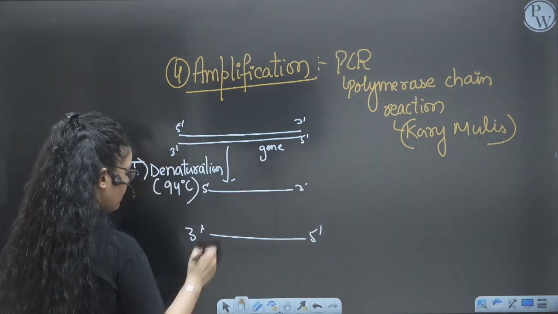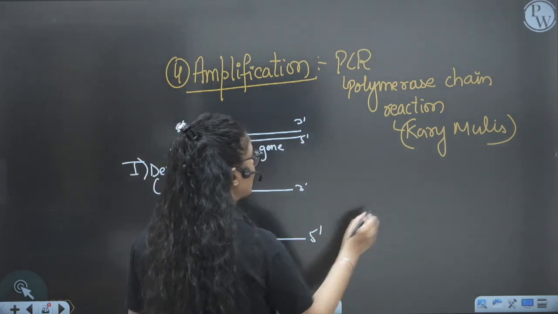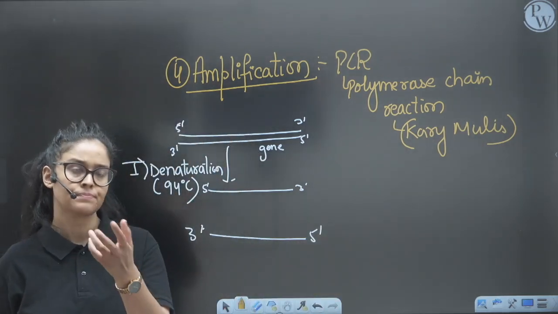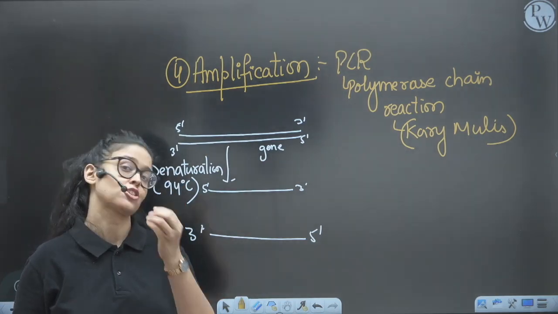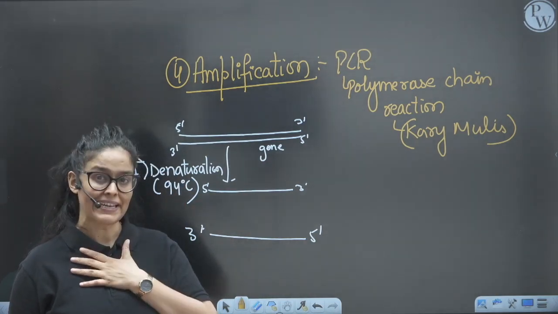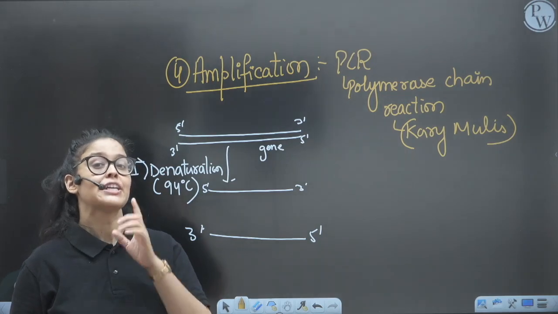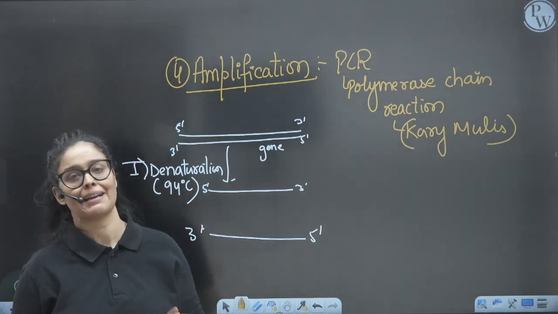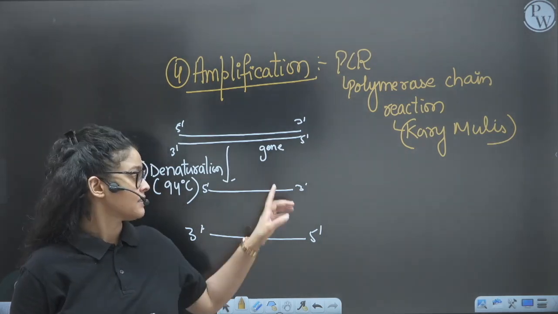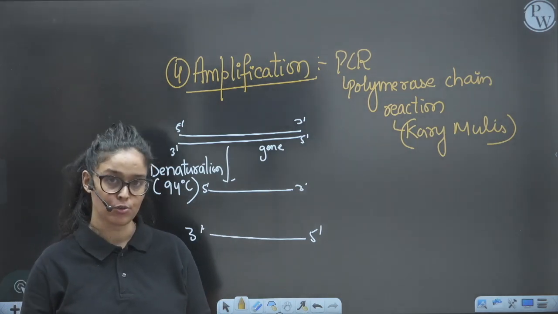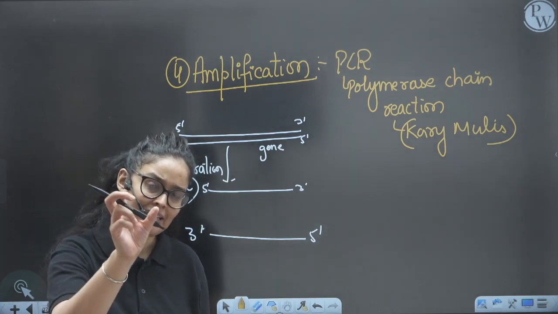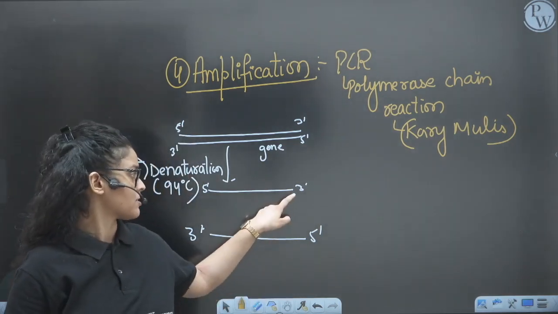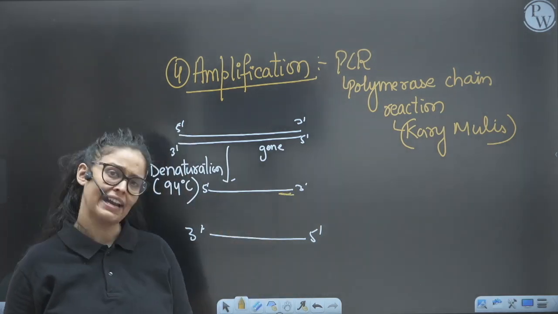After this, we will take the oligonucleotide or primers. In natural replication, what do you use for replication? Primer, because we know our DNA polymerase enzyme cannot initiate replication. So for that, we require the oligonucleotide, a small primer sequence. But here we use single complementary DNA strands as a primer.